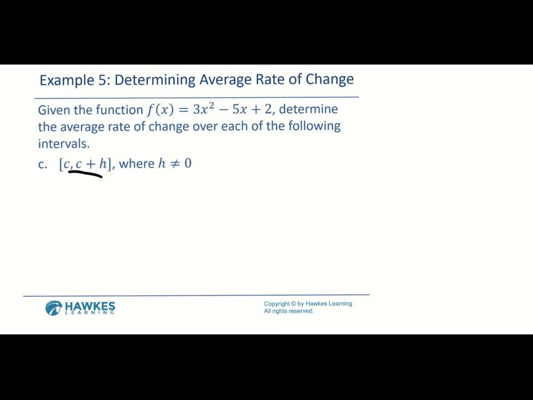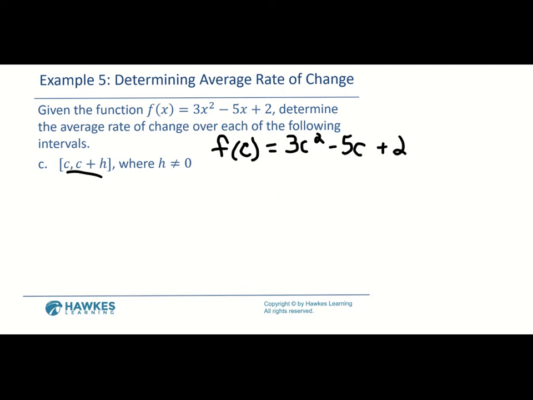The first thing we're going to do, and this one's going to be quite long, is evaluate our function at C and C plus H. So f of C is pretty easy because all we have to do here is plug in our C. So we would end up with 3 times C squared minus 5C plus 2.